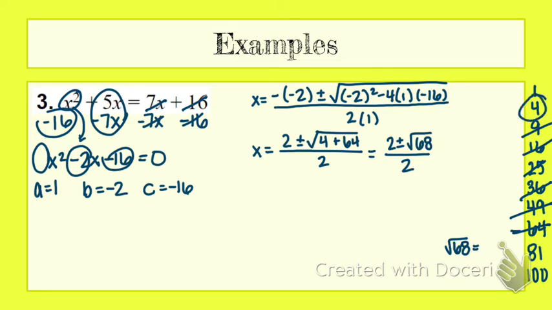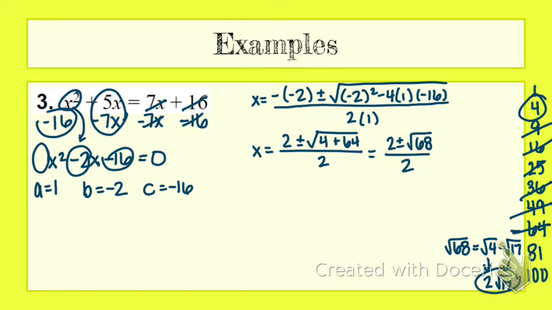So we're going to split up the square root of 68 into the square root of 4 times the square root of 17, because 4 times 17 is what equals 68. This reduces to 2, and then we bring down the square root of 17.